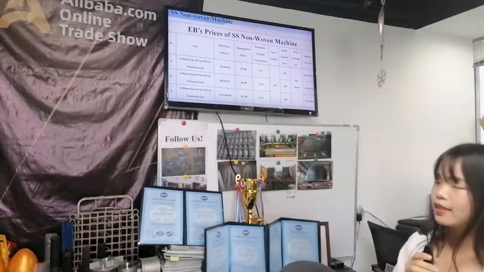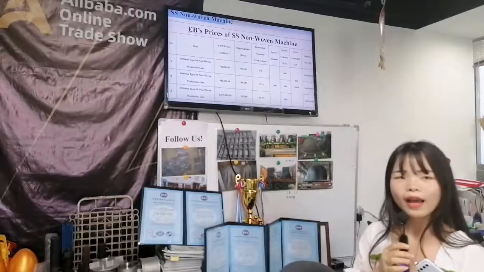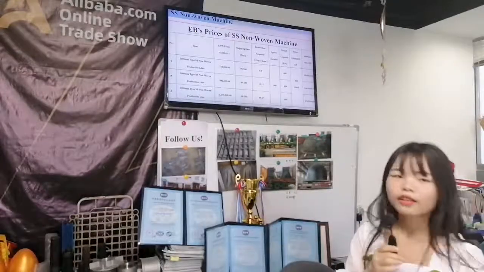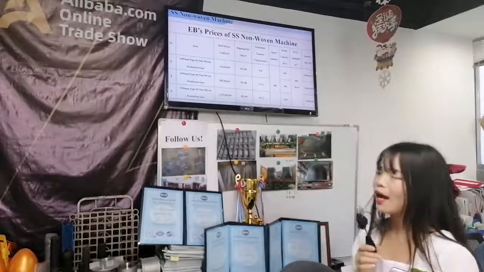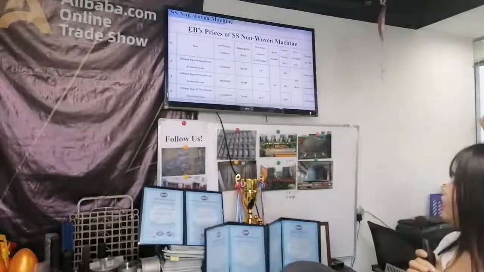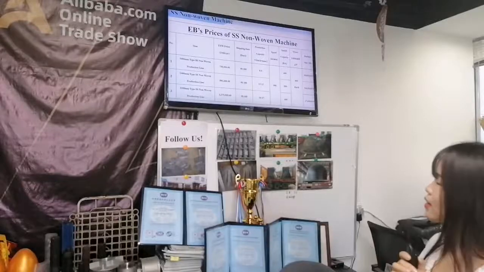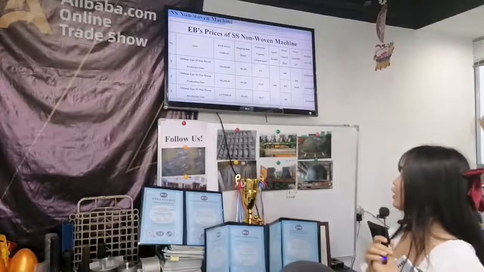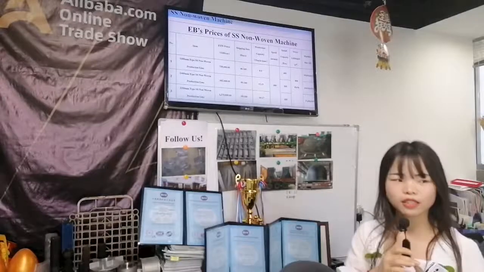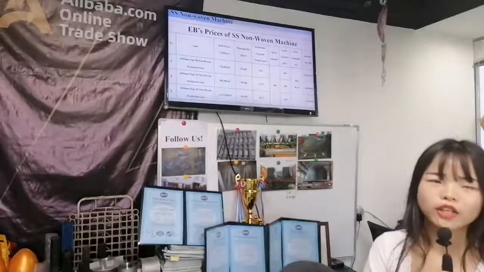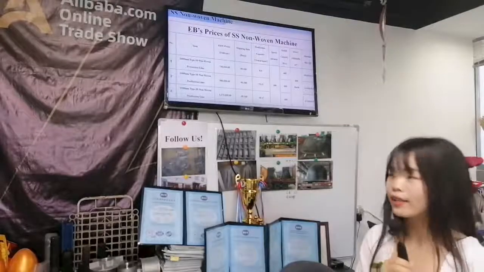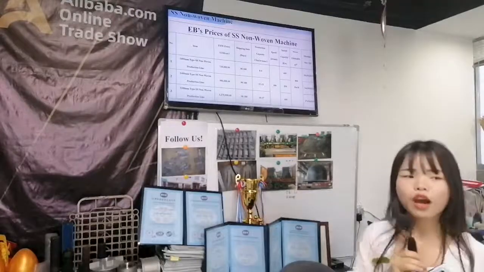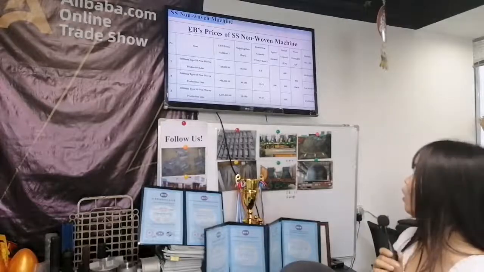Type 2 is the 2400 mm SS non-woven production line. This product price is 982,000. Ship date is 19 to 118 days. Production capacity is 12 to 13 per hour.